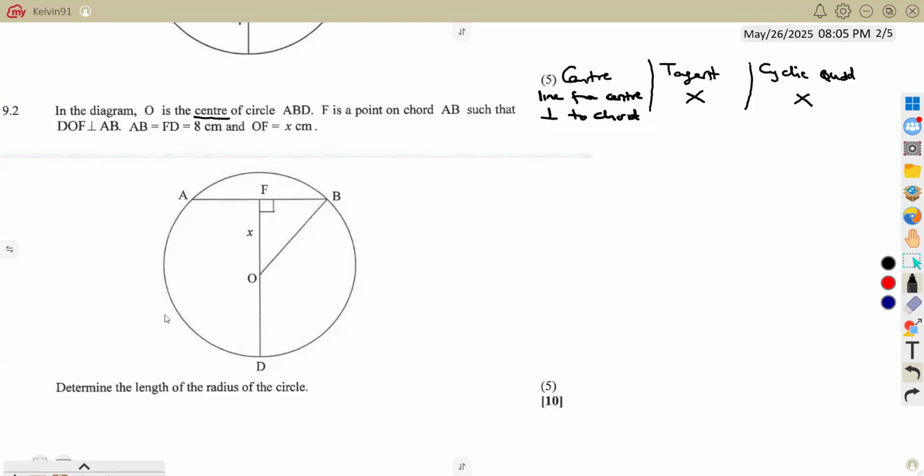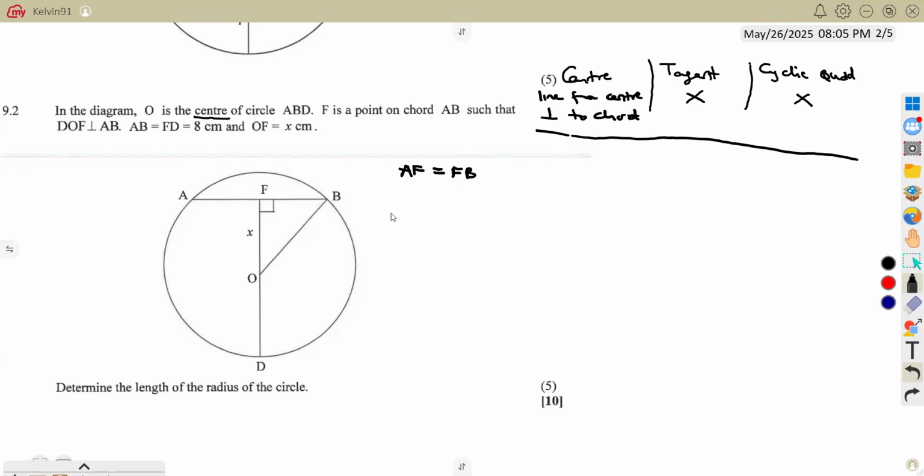So to answer this question, what are we going to do? We are given this line from center, which is perpendicular to this. So from here we can conclude that AF must be equal to FB.